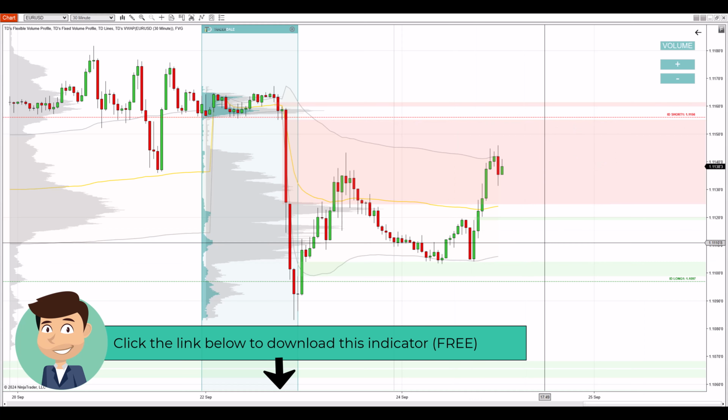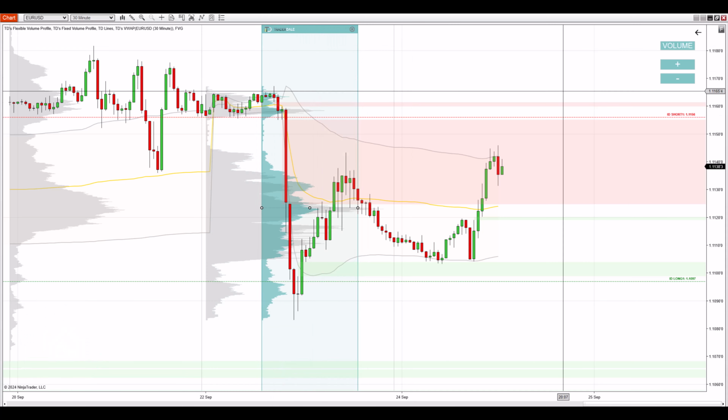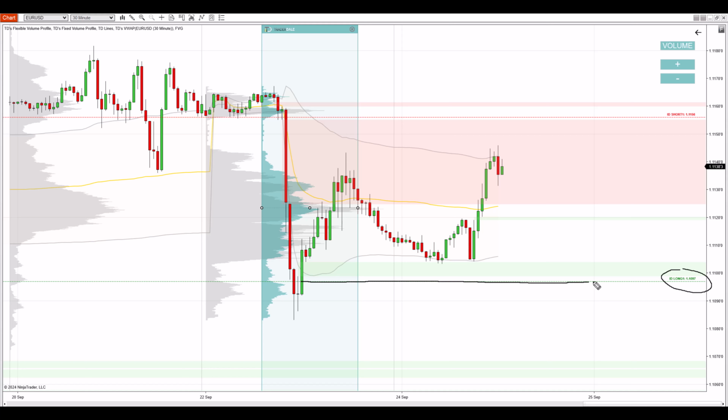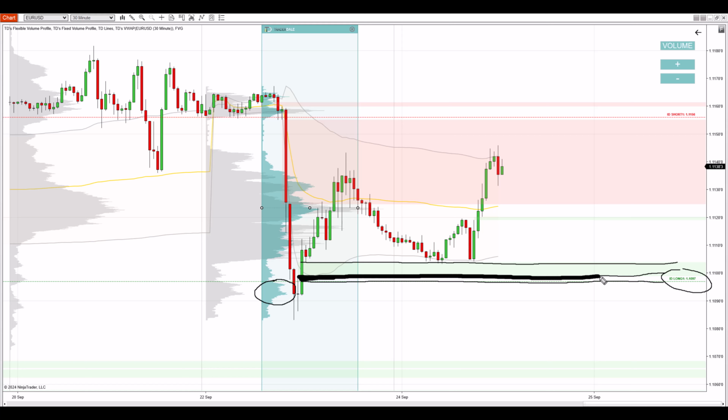Also, there's a long level. The long level is at 1.1097, this one. And again, it is based on volume profile, on those heavy volumes here, and on that fair value gap, which is this greenish zone here. The bottom of that green zone is here.